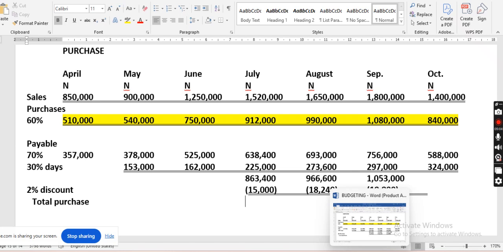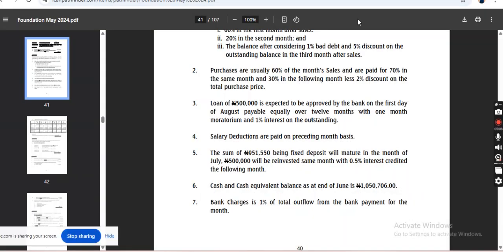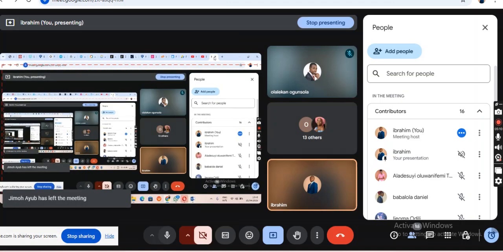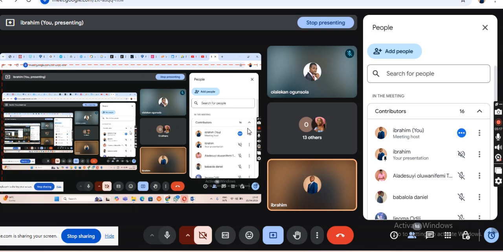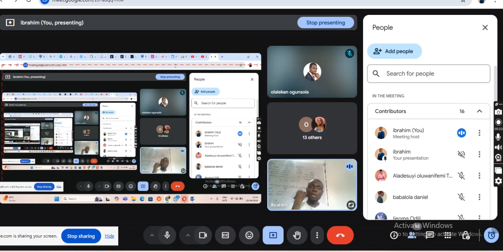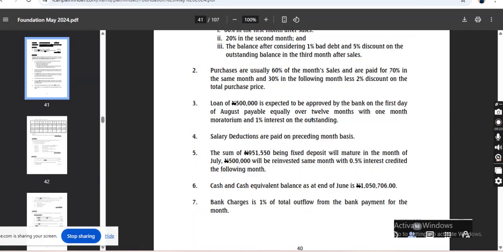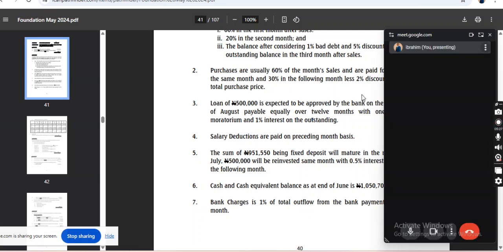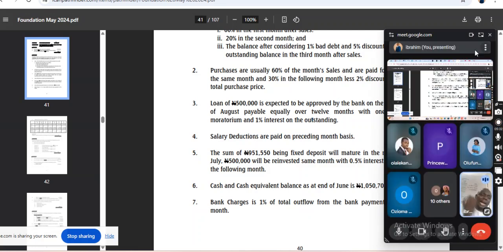It means that when you buy the goods on credit, don't worry. What is the total purchase price? Now, we'll give you discount in the what? In the following months. Class, am I communicating, please? I need to confirm that. In the following months. And that is what is being stated: 30% in the following month, less 2% discount.